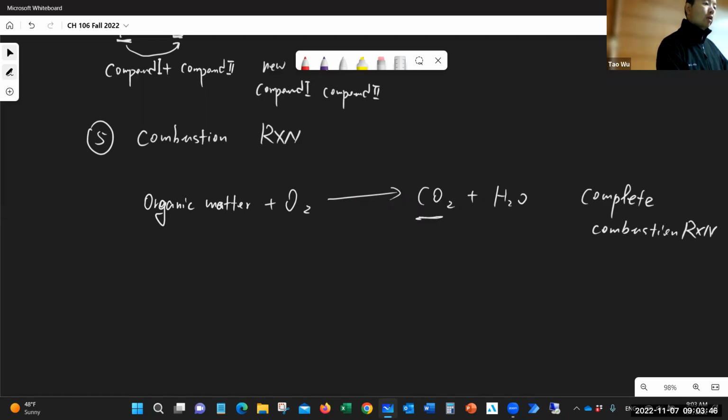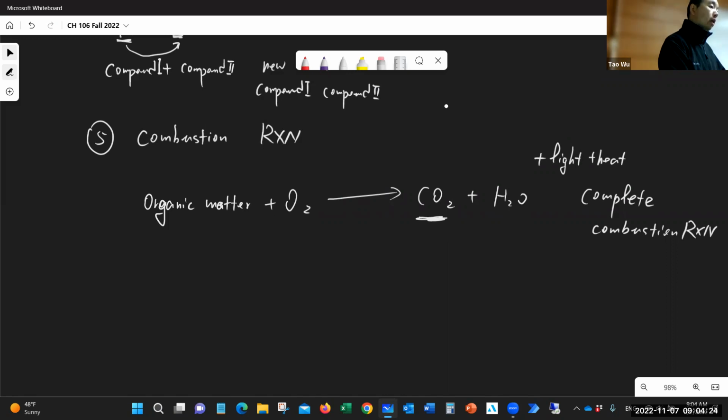As long as they convert the carbon in the organic matter to CO2, that's called a complete combustion reaction. During combustion, they also produce light and heat, which is the obvious way we see combustion reactions, like an explosion. As long as they generate CO2 plus water, that's a complete reaction.